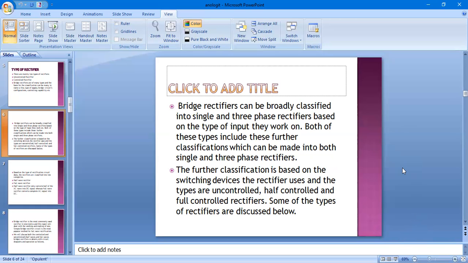These types have further classifications, which apply to both single and three-phase rectifiers. The further classification is based on the switching device the rectifier uses, and the types are uncontrolled, half controlled, and fully controlled rectifier. Some of the types of rectifier are discussed below.